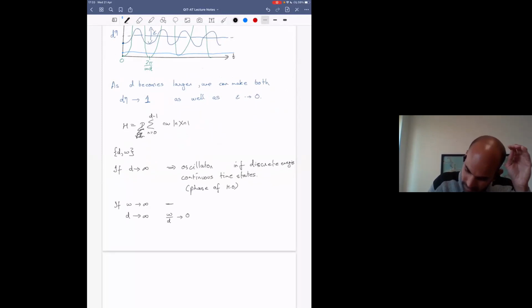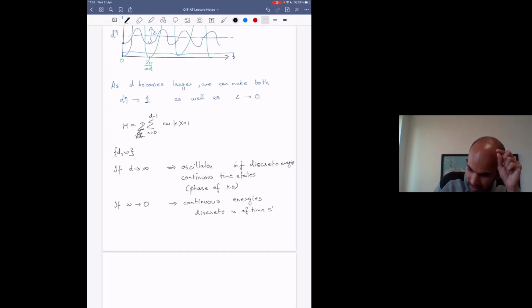Sorry, this is the reason I got confused. I want omega to go to 0. Let me do this properly. If omega goes to 0 and D remains constant, then I end up with continuous energies, but a discrete and finite number of time states, which is not very interesting.